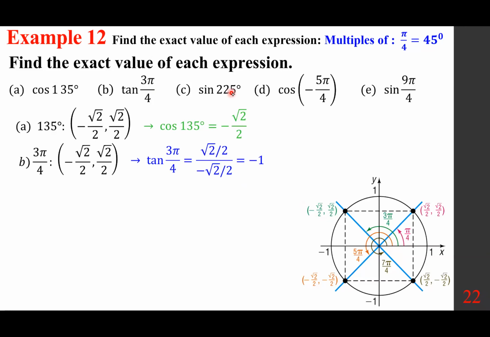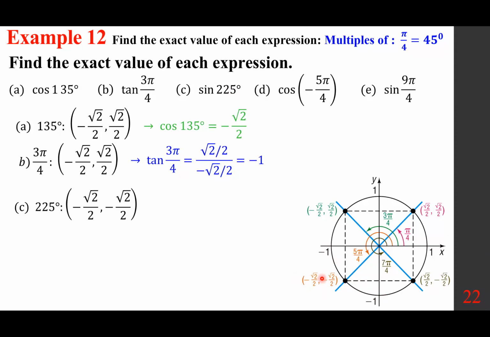225 degrees. Remember, this is 180. This is 270, so it's in the third quadrant. So believe it or not, it's right here. Again, multiples of pi over 4 or 45 degrees. So it's right this pair.